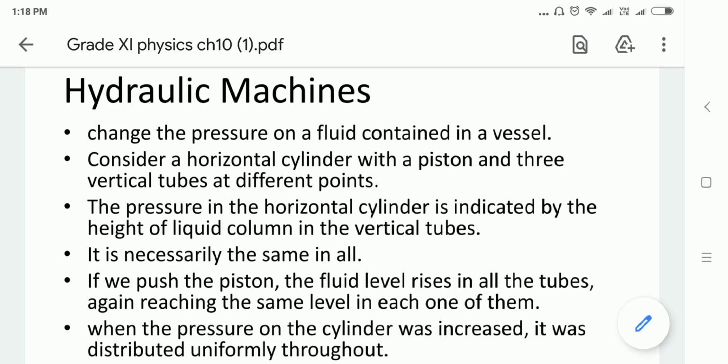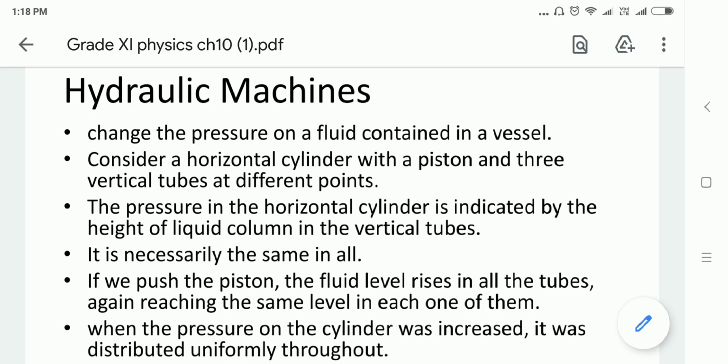For that, let us consider one horizontal cylinder with a piston and 3 vertical tubes at different points. The pressure in the horizontal cylinder is indicated by the height of the liquid column. It is necessarily the same in all.